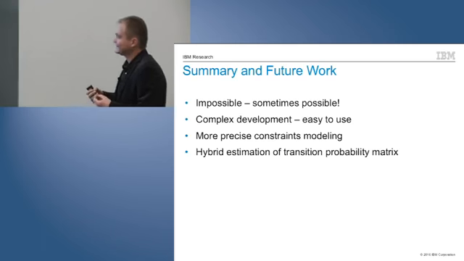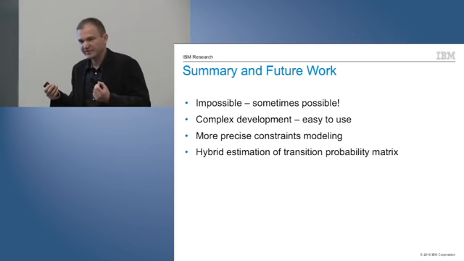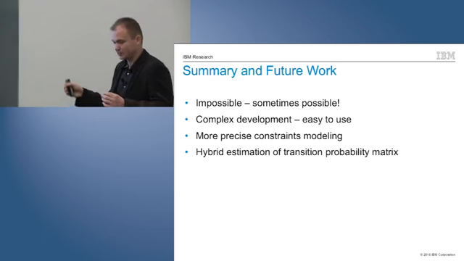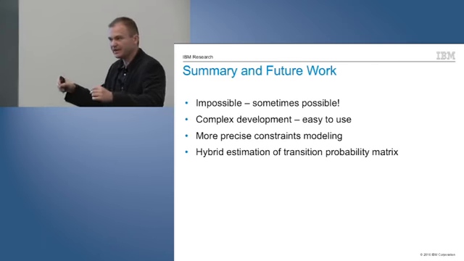The last thing is a hybrid estimation of the transition probability matrix. So far, all the estimation is based solely on the simulation model. What we want to do is to gather real-time data to improve it, so the process will be self-improving.